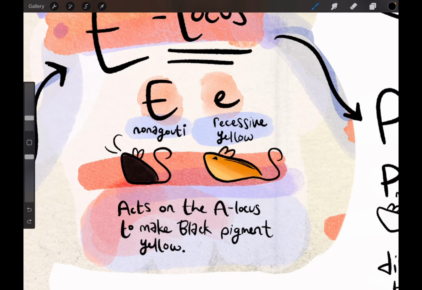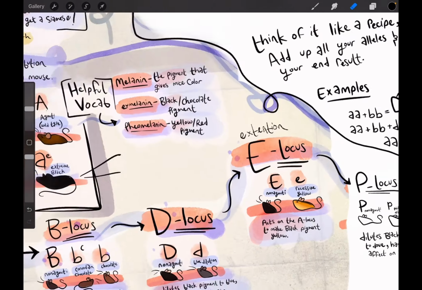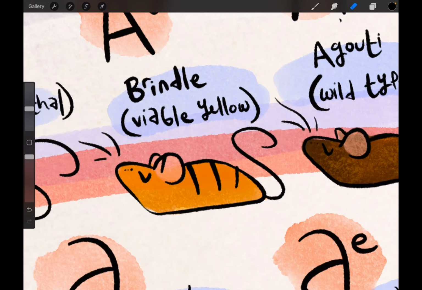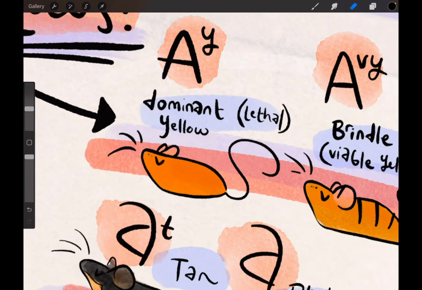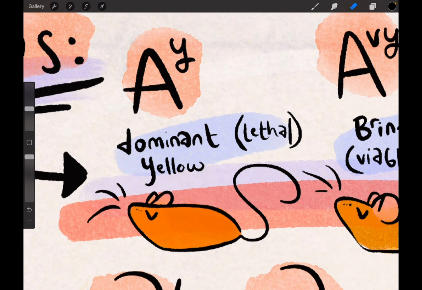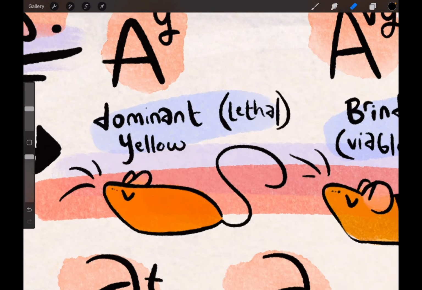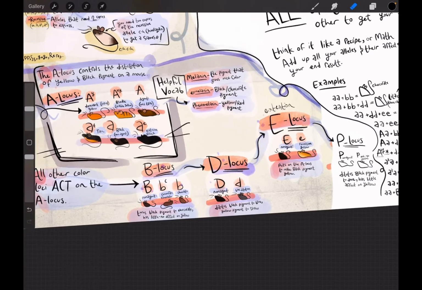So these guys just work a little bit better for me. There are some breeders who do well with them, though, who love them enough to put in the work. So brindles have a place. They do. Dominant yellows have been around for a really long time. They're not very common here in the United States where I'm at, but they are much more common in Europe. And there's some beautiful lines of dominant reds there.